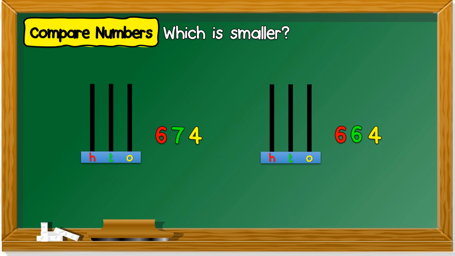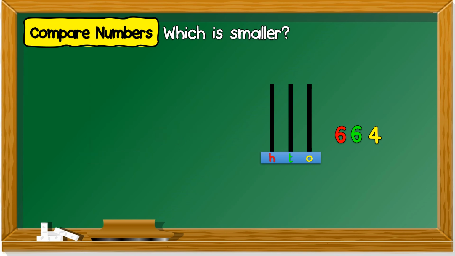So it's 664, which is smaller. We take a look at the numbers of hundreds first. Both are 6. Then we look at the tens. One is 7, one is 6. Which is smaller? The smaller is 6. So the smaller number here is 664.